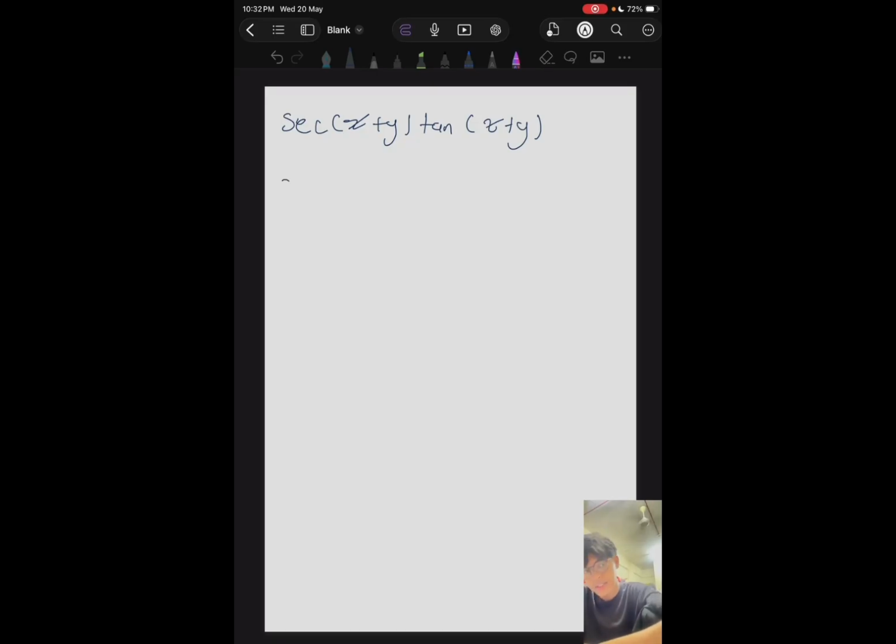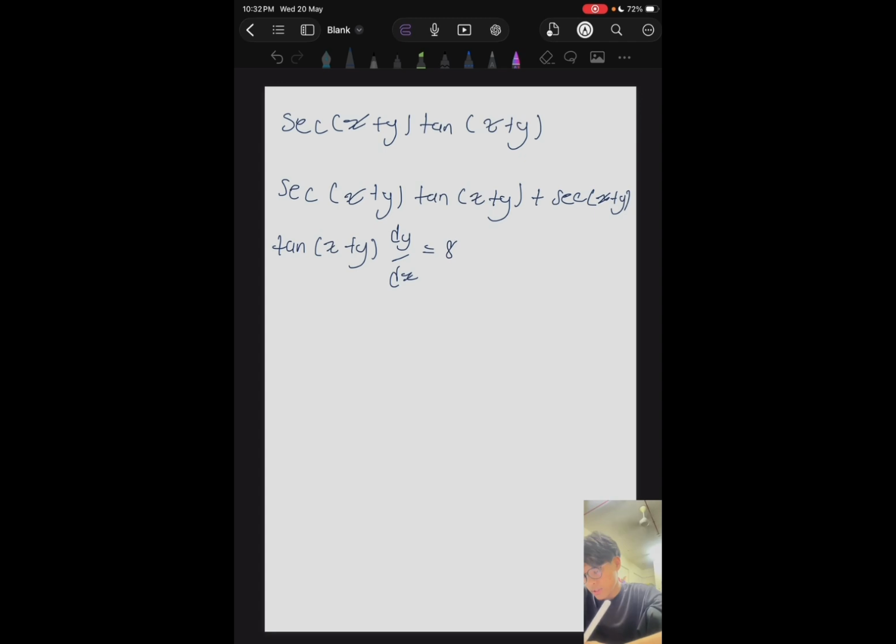So it will be so much like this: sec squared (x plus y) plus sec squared (x plus y) dy over dx equal to 8x plus 4y.